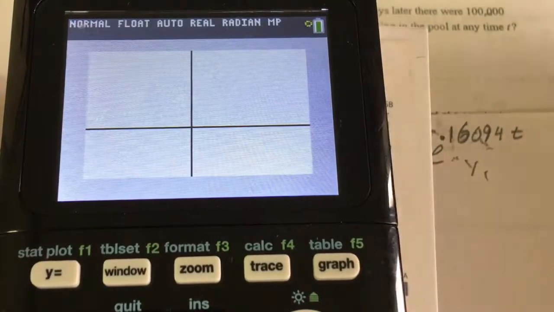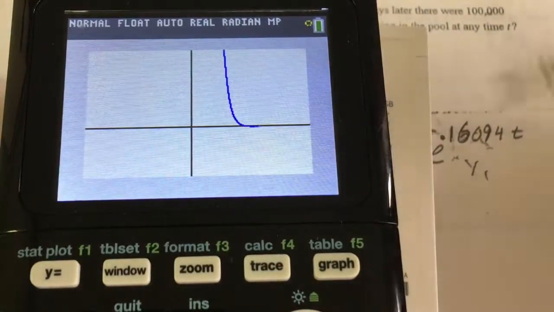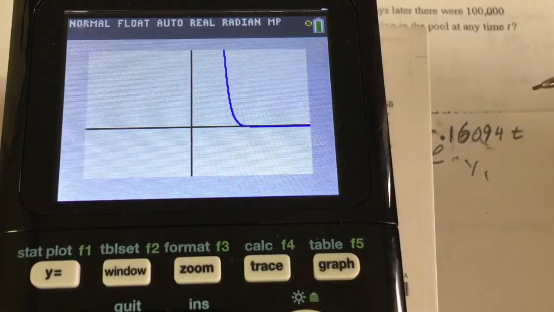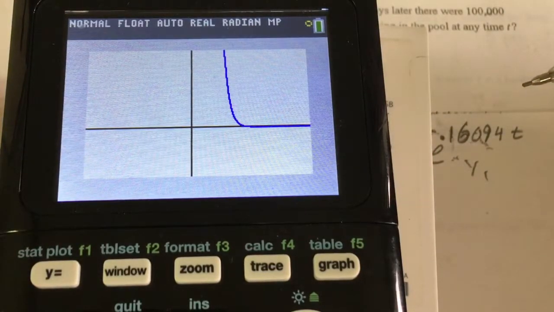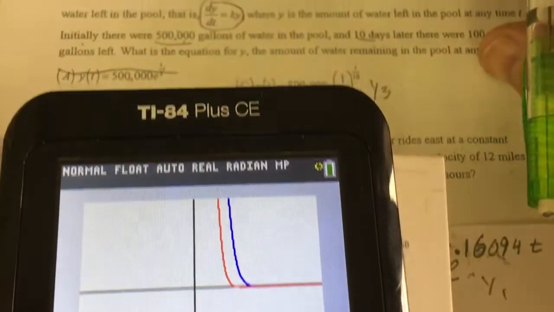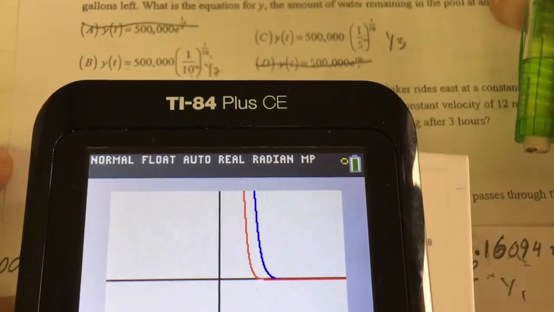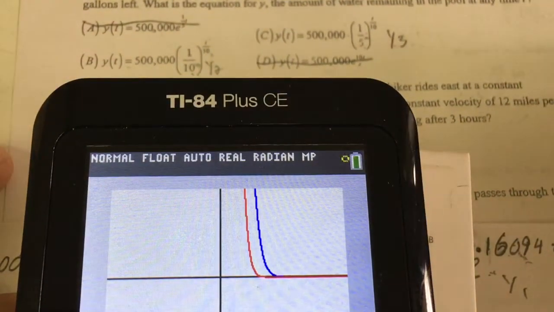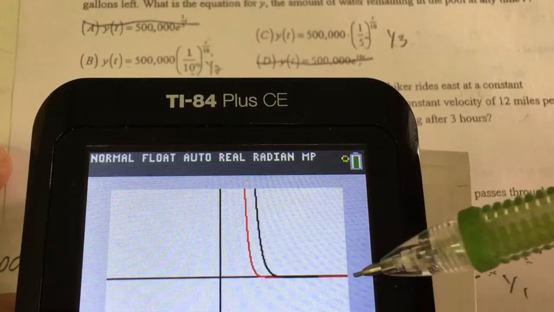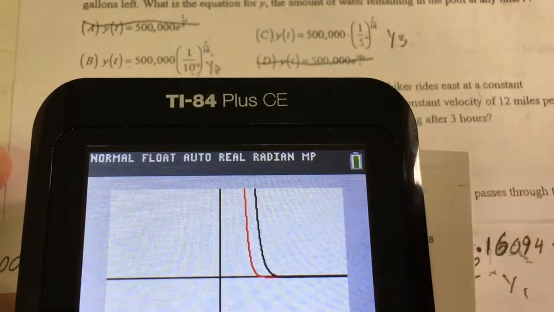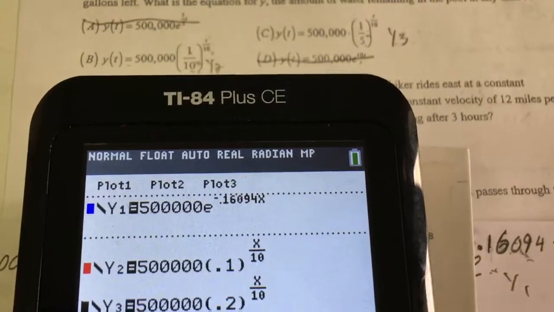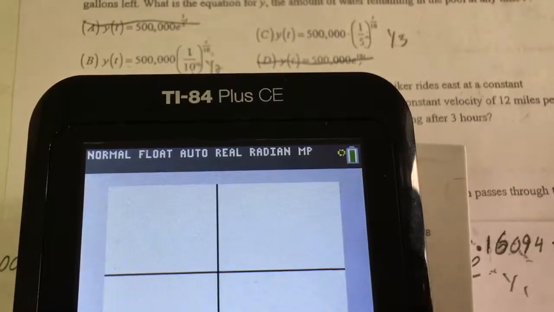And here it comes. This is my y1 graph, the blue graph. My next graph is going to be red, and that's my choice B. Notice choice B does not match up, so it can't be choice B. And then notice it changes color. Let's do that again so you can see it.